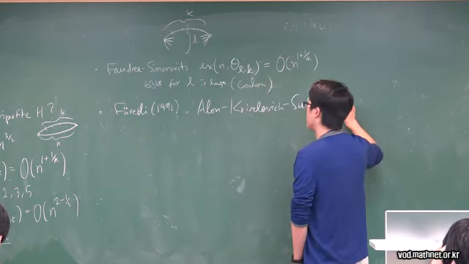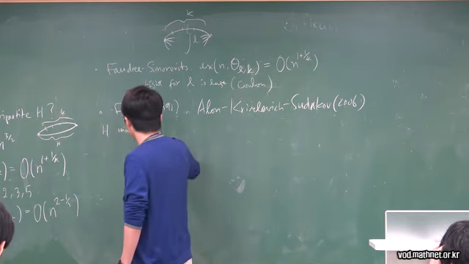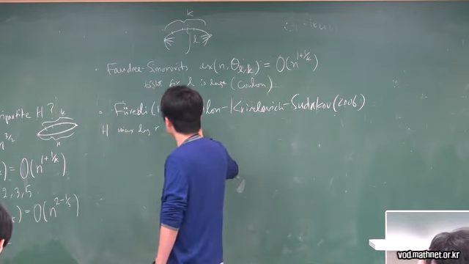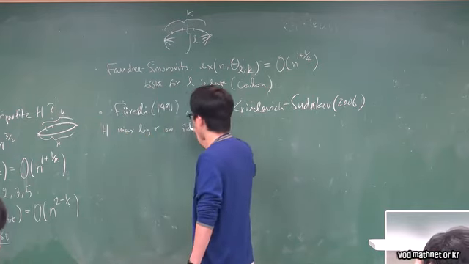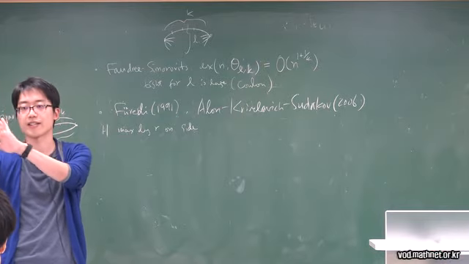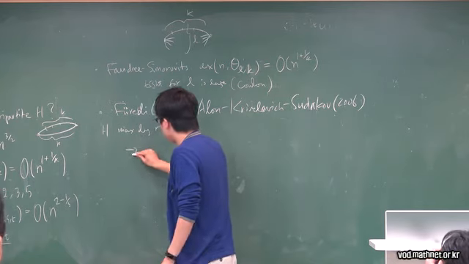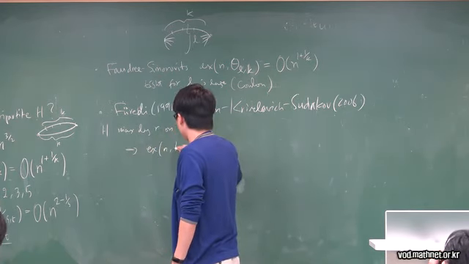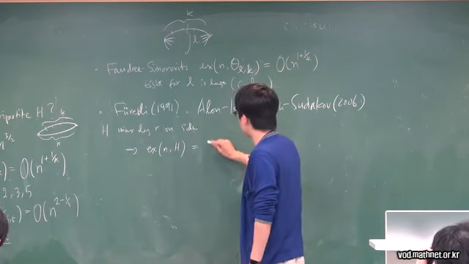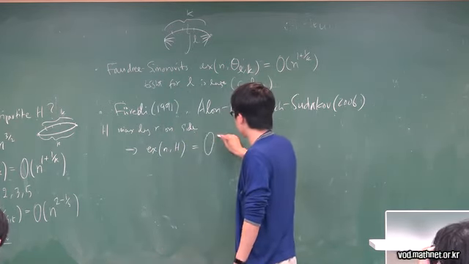It says the following. If my H has max degree R on one side, which means given a bipartition, I have a max degree R on this side or that side, then the extremal number of H is big O of n^{2-1/R}.